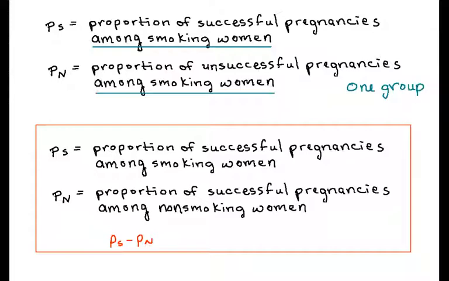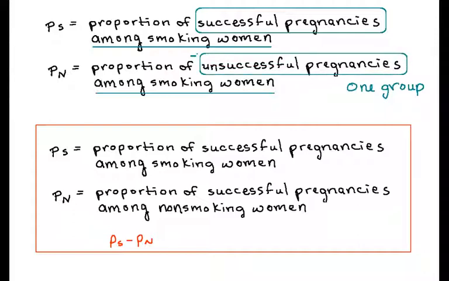And also notice that the things we're comparing are not the same, right? Successful pregnancies, unsuccessful pregnancies. We're supposed to be comparing two proportions that are really the same measure of success, but from two different groups. Whereas if we put this second pair, or sorry, these aren't hypotheses, these are parameter definitions, to the same test, we see among smoking women, among non-smoking women.